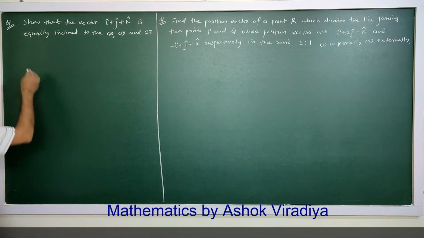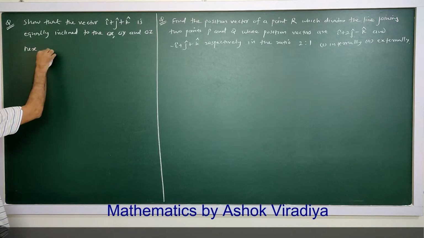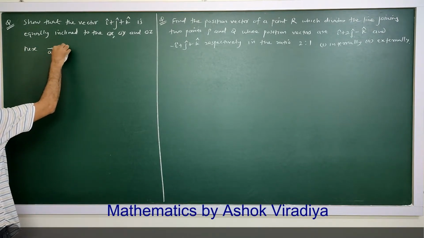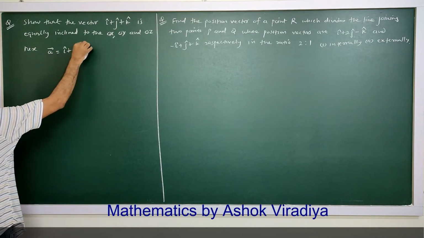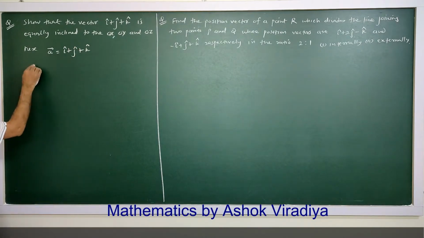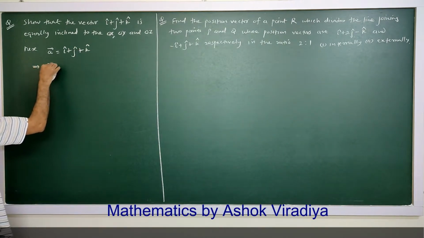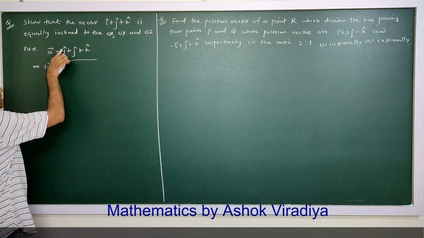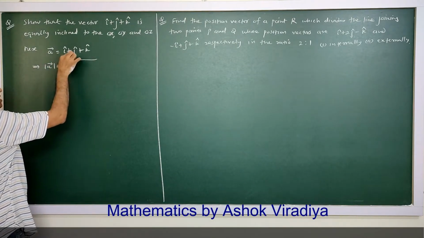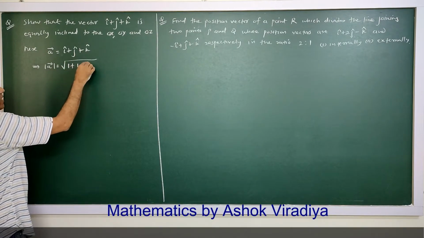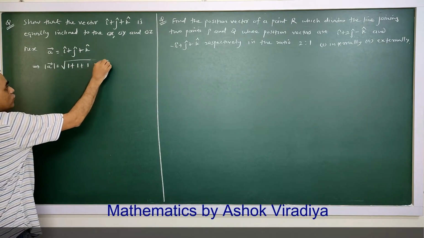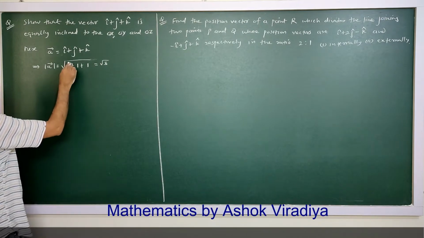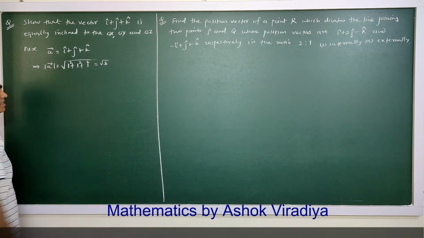Let me say this vector is vector A, i plus j plus k. Its magnitude is square root of 1 square plus 1 square plus 1 square, that is root 3.